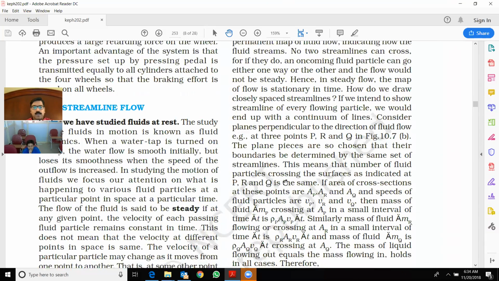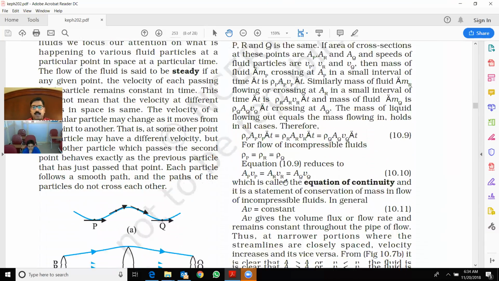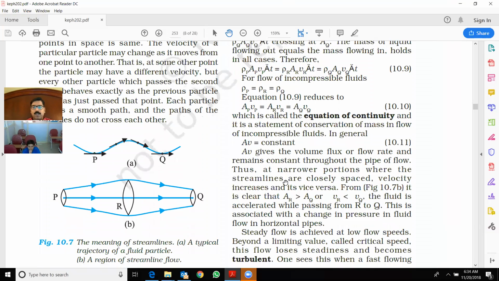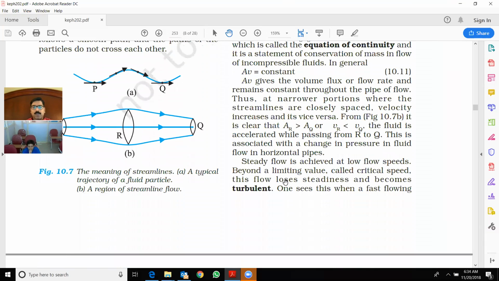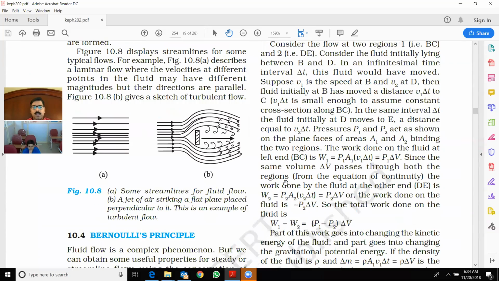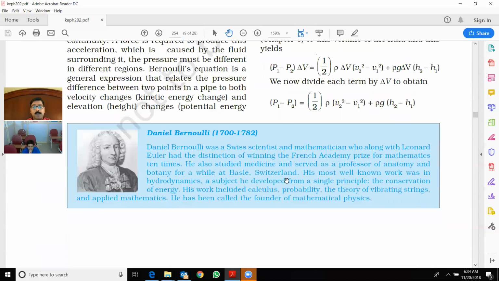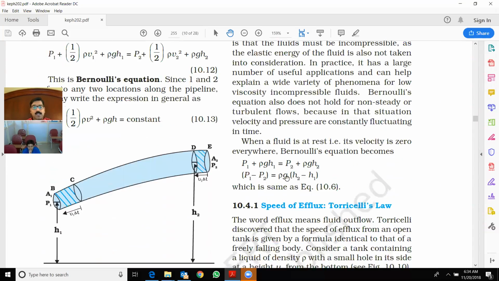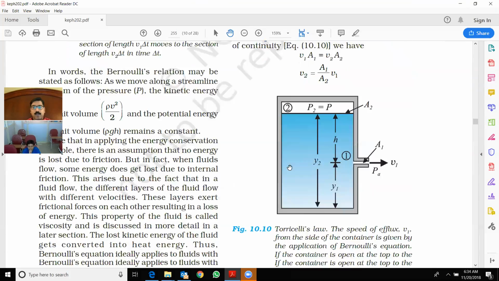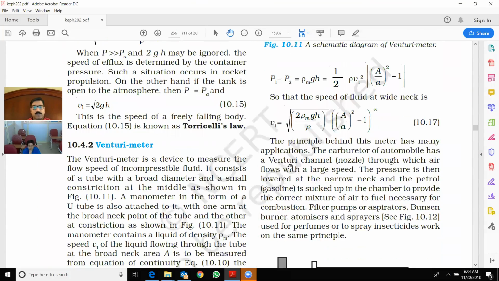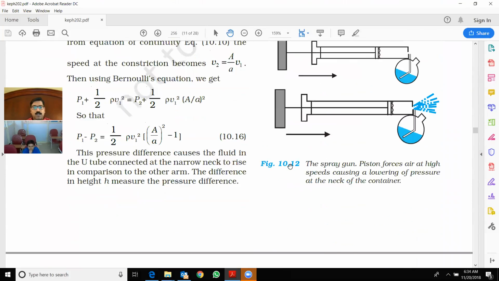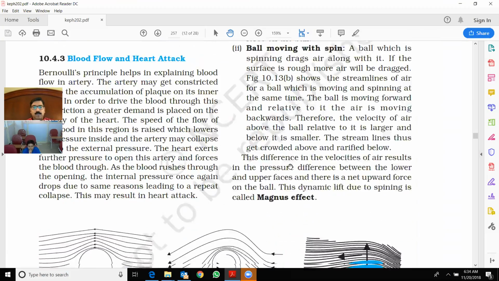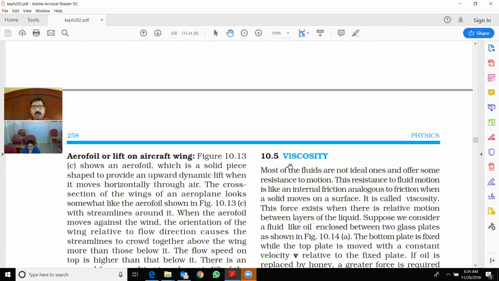And then we will learn about something new, which is related to turbulence and Bernoulli's principle and surface tension at a later stage, right? So a little more terms will come, venturimeter. Okay, interesting things will come going forward.